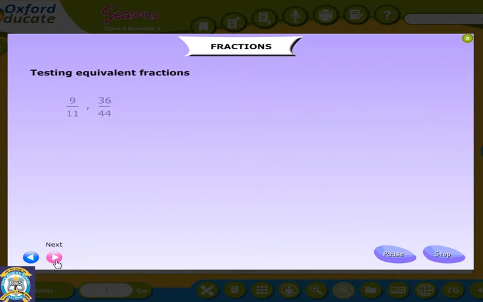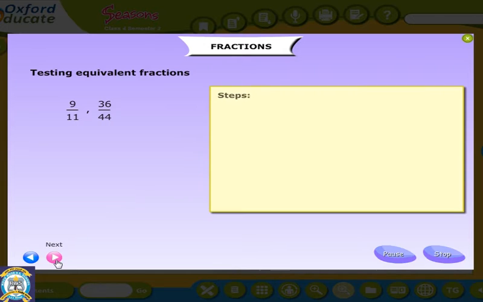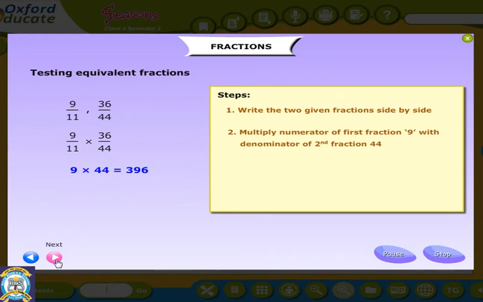Testing equivalent fractions. We can find whether any two fractions are equivalent by doing the cross multiplication test. See below for example. Step 1. Write the two given fractions side by side. Step 2. Multiply numerator of the first fraction, 9, with denominator of second fraction, 44. Step 3.